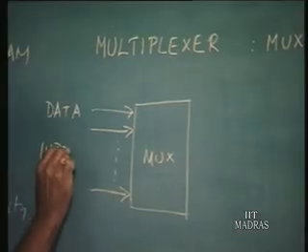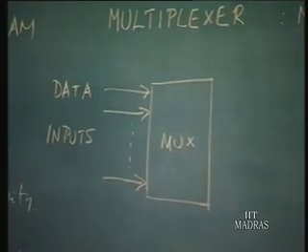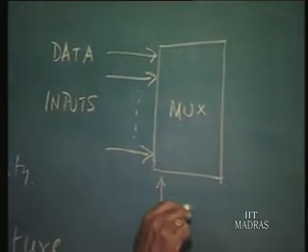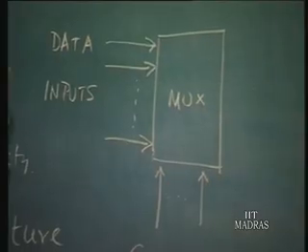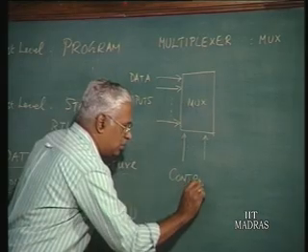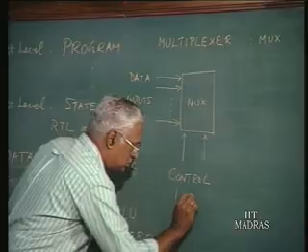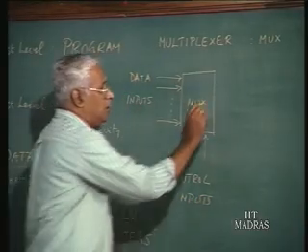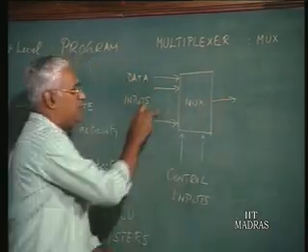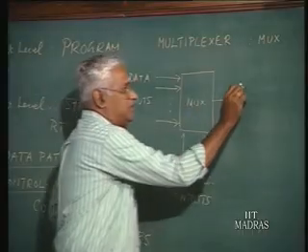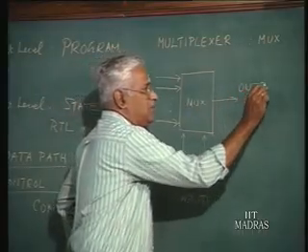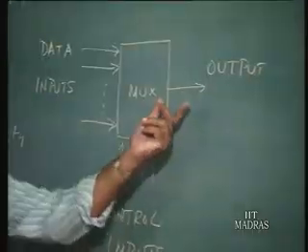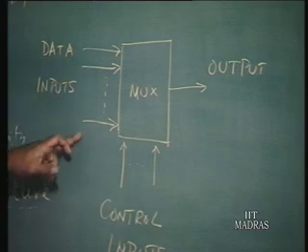Depending upon another set of inputs called control inputs, one of these data inputs will be the output. So, the output of a mux is one of the data inputs.